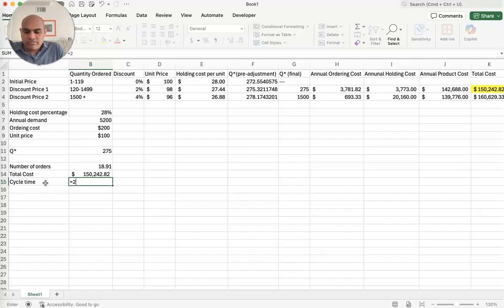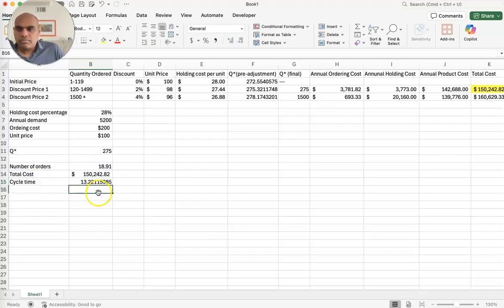So we'll say that there are 250 days in a year, divided by the number of orders. So the time between orders is 13.22 days, right? That's the time between orders, 13.22 days. So 250 days in a year, and that's that. That's the cycle time.